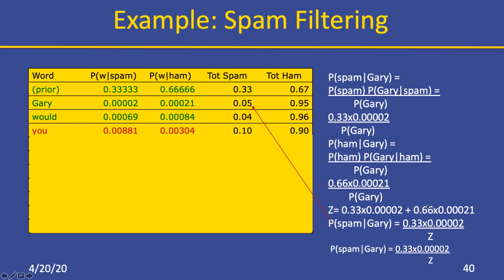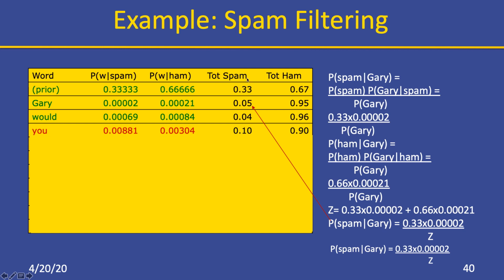So now we read the next word, and the next word is you. Now for this word, P of you given spam is higher than P of you given ham. We have 0.008 here, 0.003. So when we carry out our computation, we tip the balance in favor of spam here.